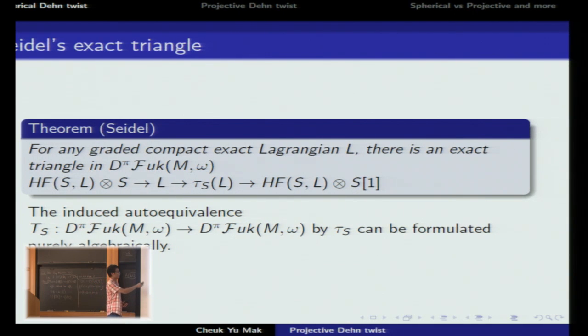This is just an exact triangle, but actually the Dehn twist induces a quasi-equivalence on the derived Fukaya category, which can be formulated purely algebraically. I denote it as T_S, and T_S of L is tau_S of L, up to quasi-isomorphism.